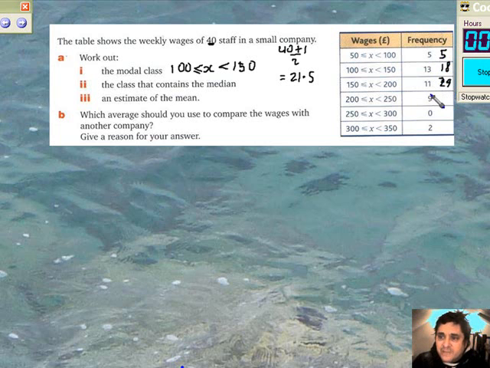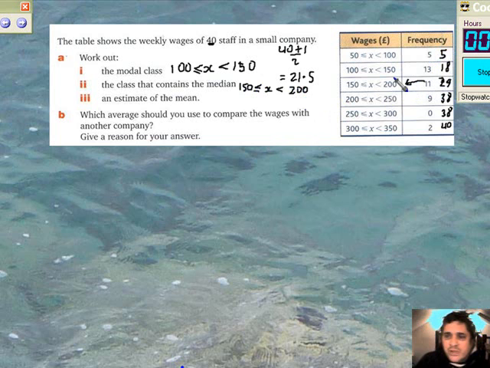Having shown evidence of my cumulative total to the examiner, I could just keep going: 38 plus nothing is 38, plus the other 2 is 40, so I can obviously add up alright. So the 21st or 22nd member is in this third group here. Just read straight across and we write it down: 150 ≤ x < 200. Alright, so that's that one satisfied.